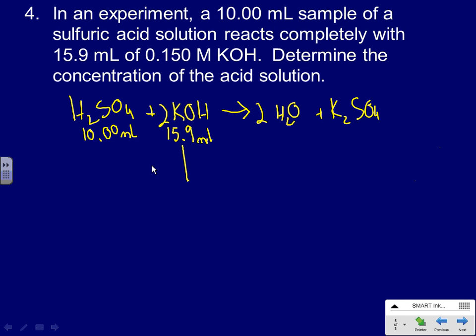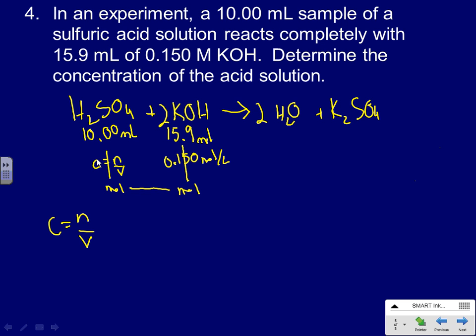It comes right with it. 0.150, and that is moles per liter. And it says determine the concentration. What do I write down? Yeah, C equals N over V. And this is moles. And I can get over here to moles. And then what I'm doing here is I'm looking for that C equals N over V.